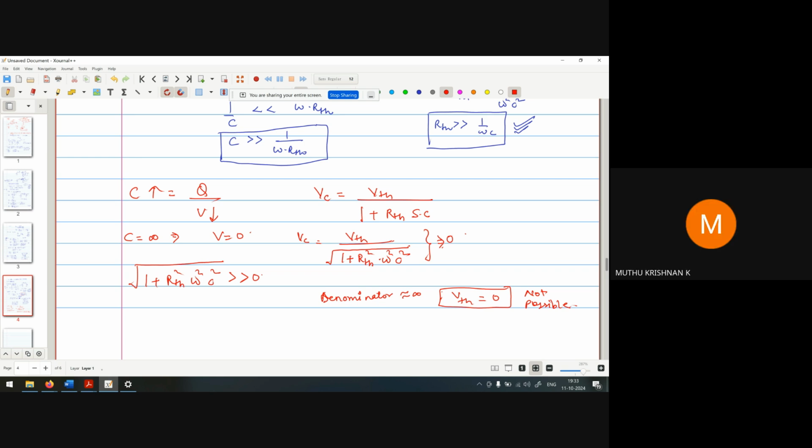And why is the capacitor large? So that it allows most of the AC, and the constant voltage is infinite.